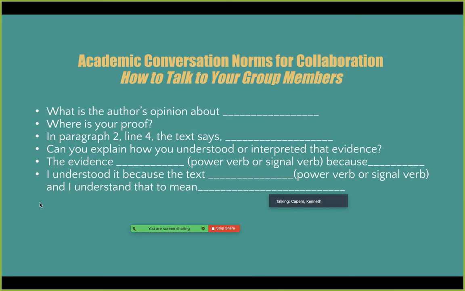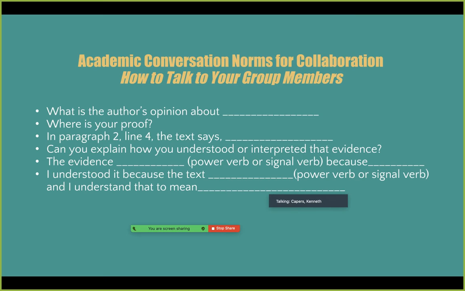So you can't just go and immediately write the answers. Y'all have to talk to one another, right? These are examples of how to do that using academic language. Where is your proof? What evidence are you looking at? Then the person might tell you, I'm looking at paragraph 3, line 3. Then you all can take a minute and somebody can read that.